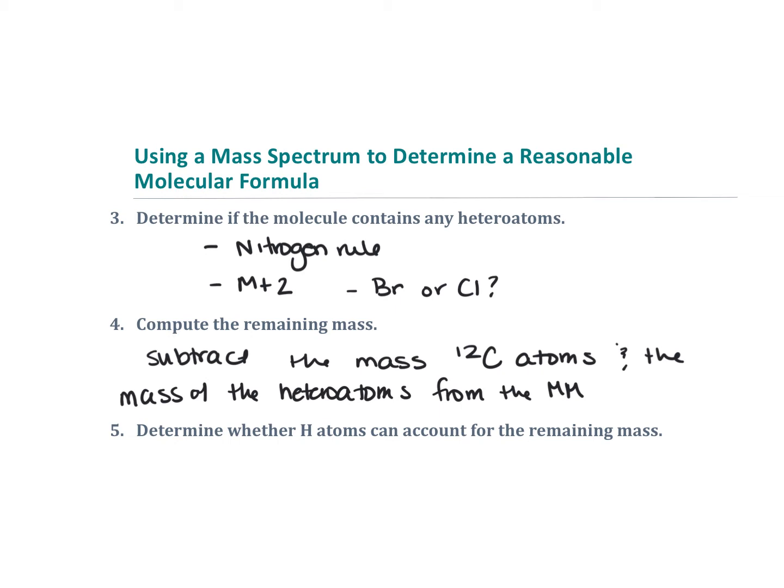Okay. And then for step 5, you need to determine whether the hydrogen atoms can account for the remaining mass. If so, then you have a complete molecular formula that can be totally feasible, right? If not, then you need to think about other non-hydrogen atoms.